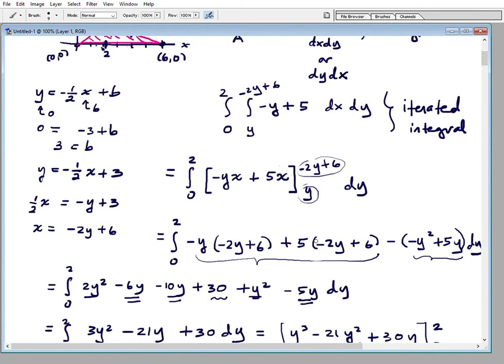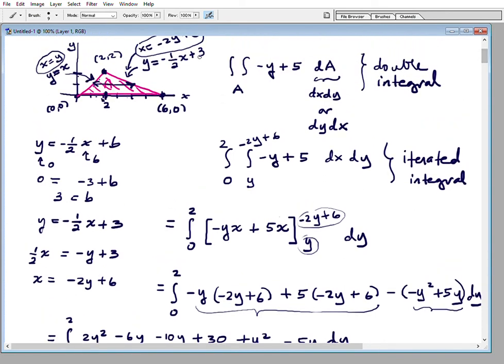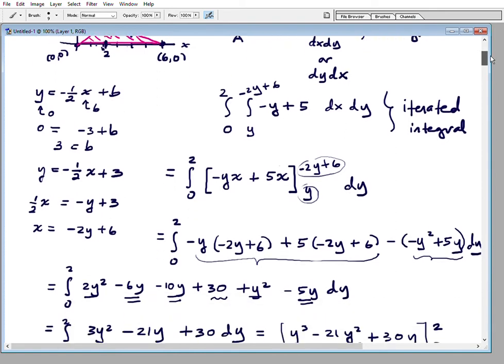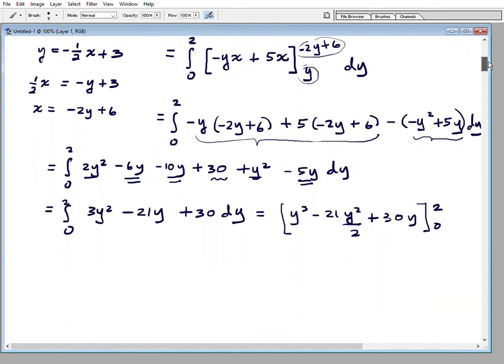Okay, how do we get minus 1/2 x plus 3? Let's see that. How do we get this line? Basically, what we do is y equal mx plus b. Here, let's look at that. We had 2, 2, and 6, 0. Let's look at that separately.